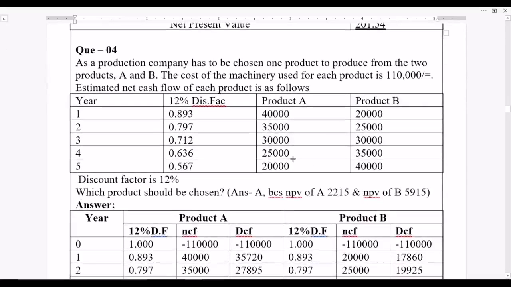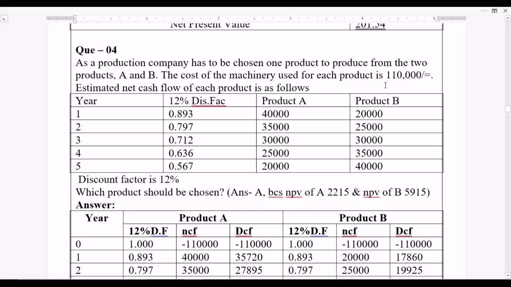Now we shall discuss another question. A production company has to choose one product to produce from two products. So that means the company has two options, product A and product B. The cost of the machinery used for each product is 110,000.